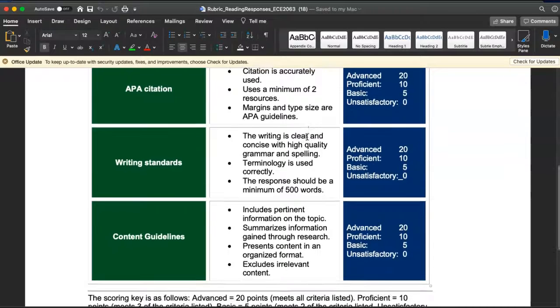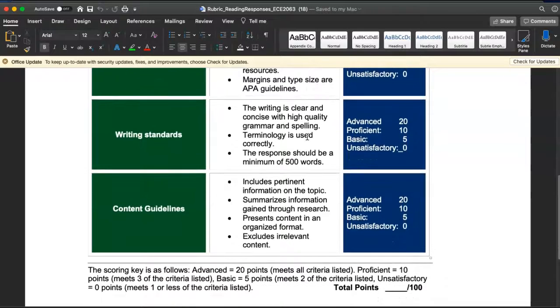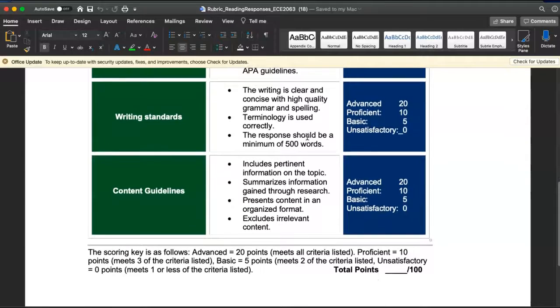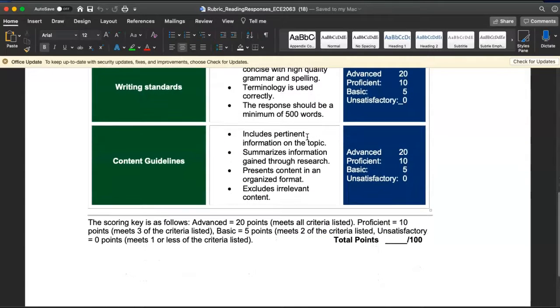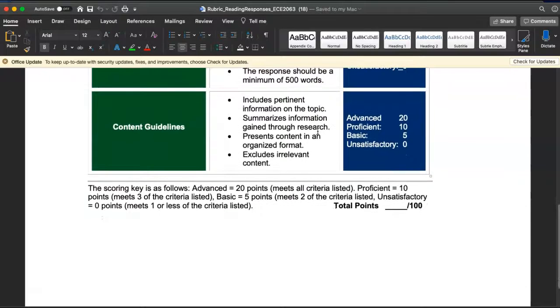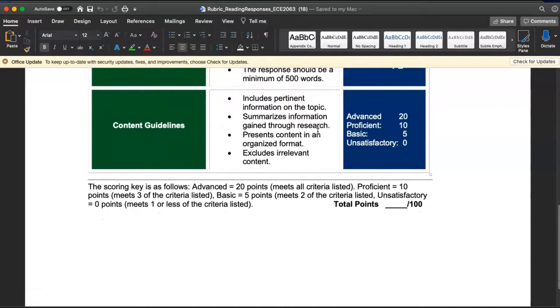Your writing should be clear and concise. You should use terminology correctly, and you should have a minimum of 500 words. Make sure that you include pertinent information on the topic, you summarize information through research, that your writing is presented in an organized format, and you exclude irrelevant content.